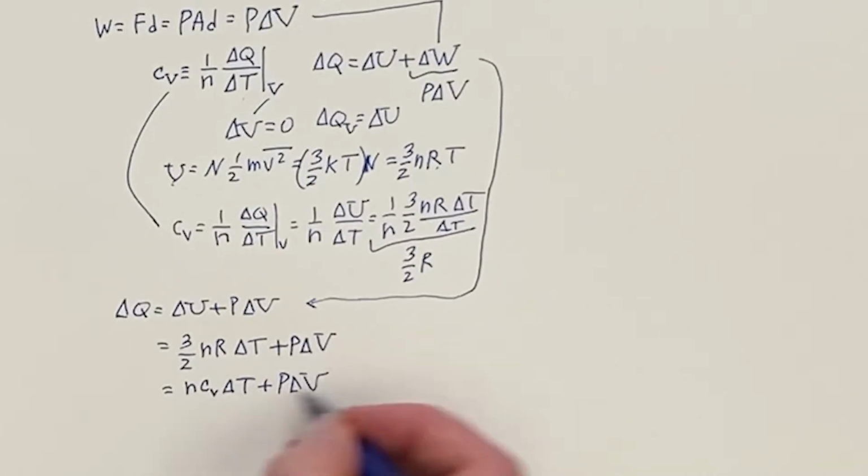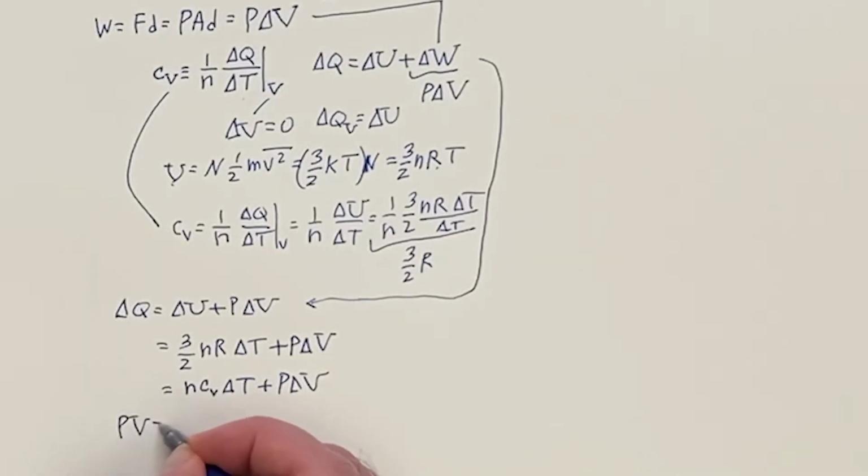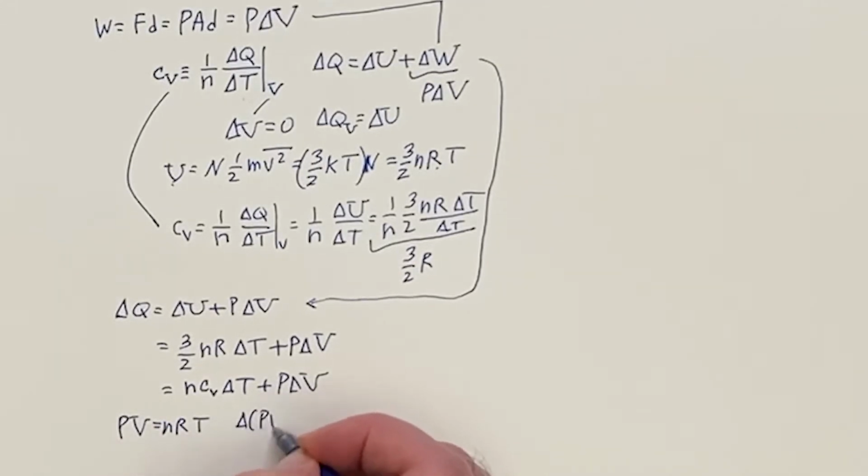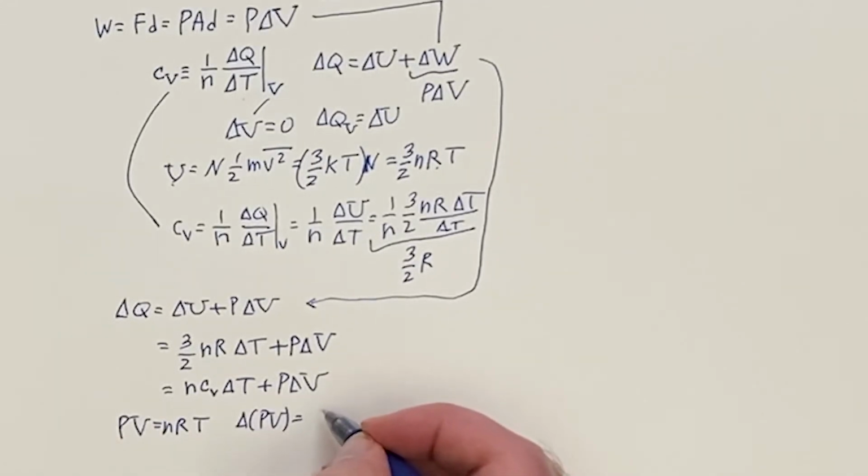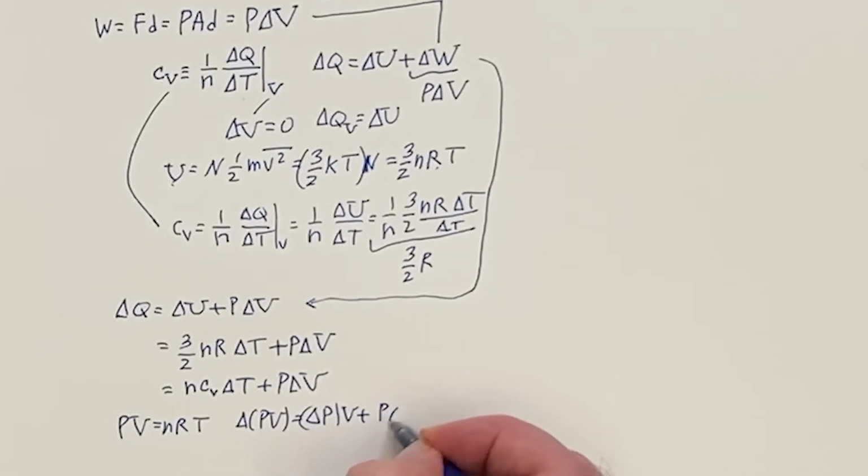And then there's a cool little trick. Since PV is nRT, what you do is you play this game. You take the delta of the product, and that would be here. You would take the delta of the first one, times V, plus P times the delta of the second one.